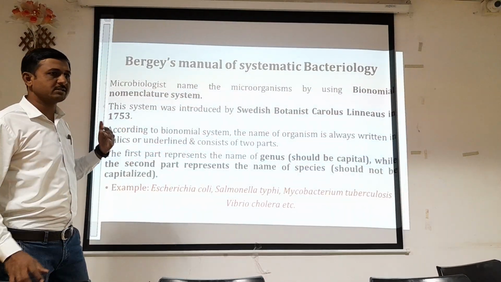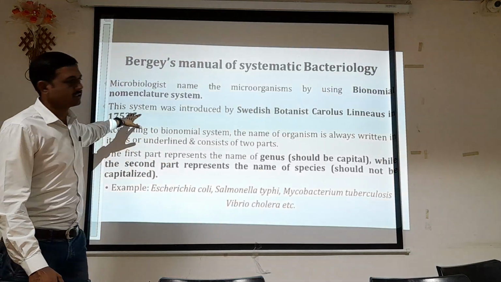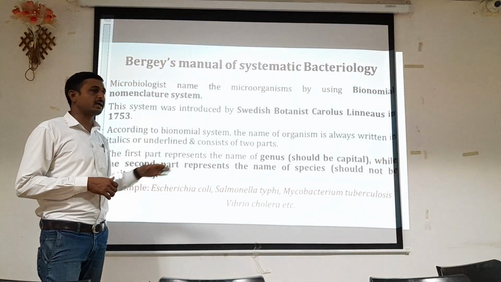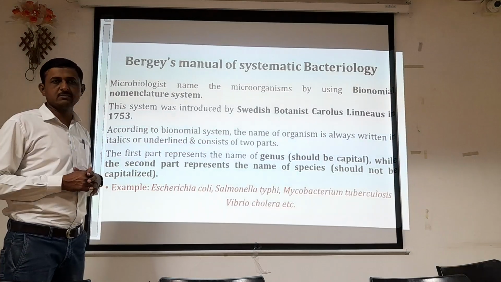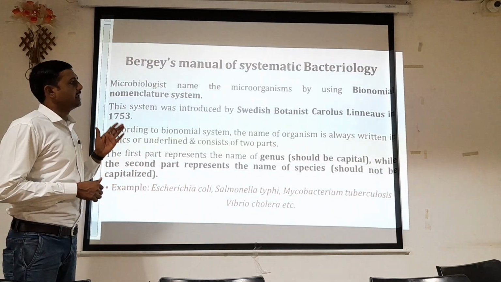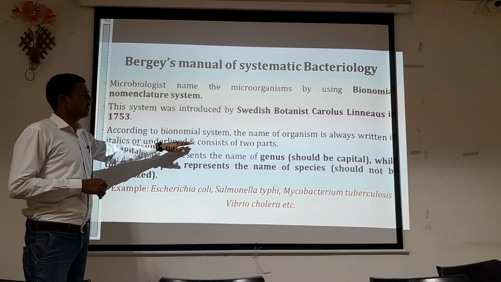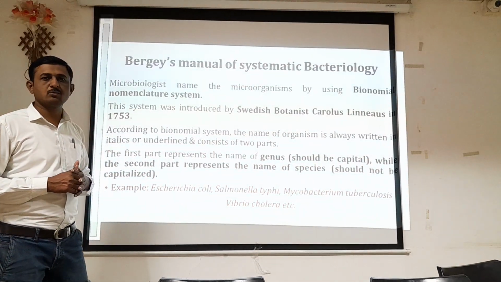When we discussed the introductory part of classification, we already discussed the contribution of Charles Linnaeus and how binomial nomenclature can be helpful. According to this system, the name of an organism is always written in italics or underlined, and it consists of 2 parts.